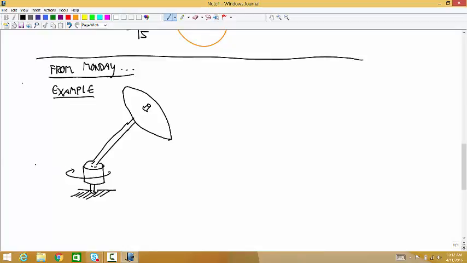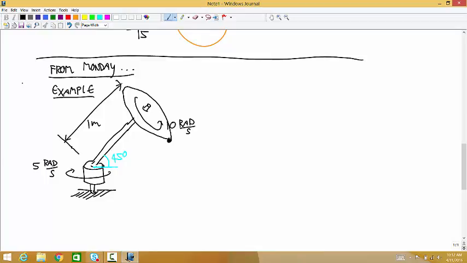this whole system is rotating with a constant 5 radians per second. This angle is 45 degrees. The length here is 1 meter, and the disk is rotating also with a constant angular velocity of 10 radians per second.